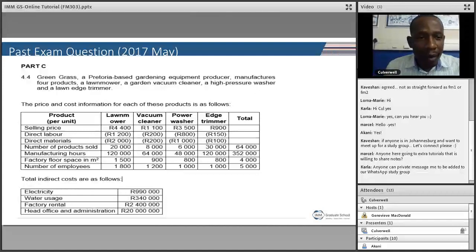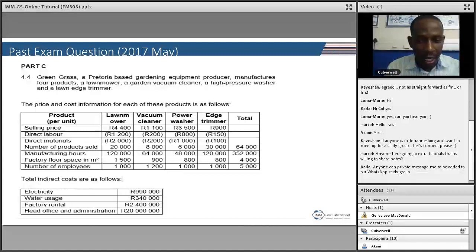So for lawnmower, I'm going to add both the direct labor and direct materials, and that will give me my direct cost. So I'll say 1,200 plus 2,000 rands to give me 3,200 rands being the direct cost which we incurred in producing a lawnmower.